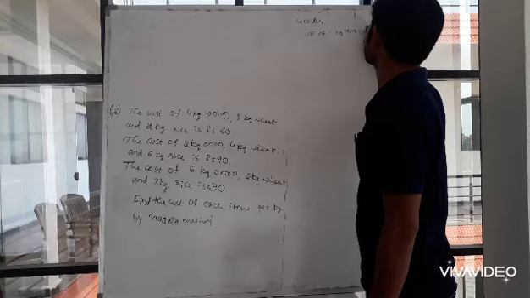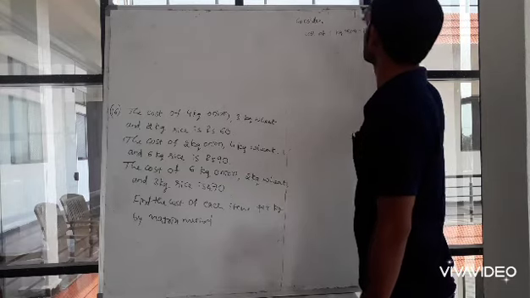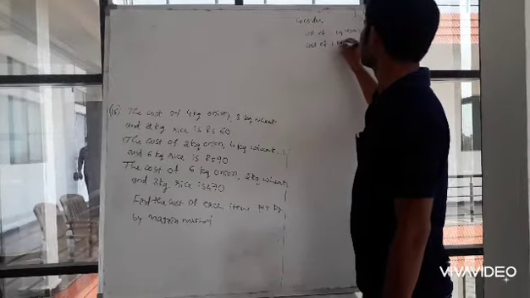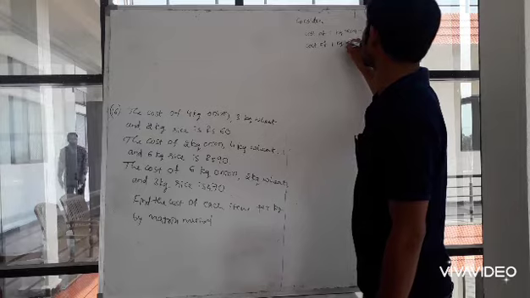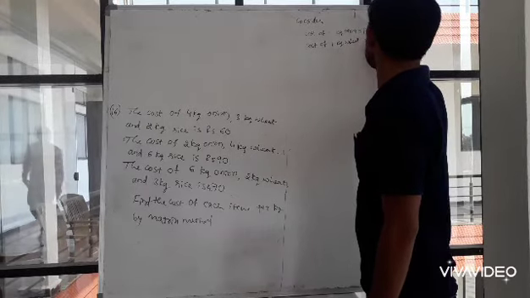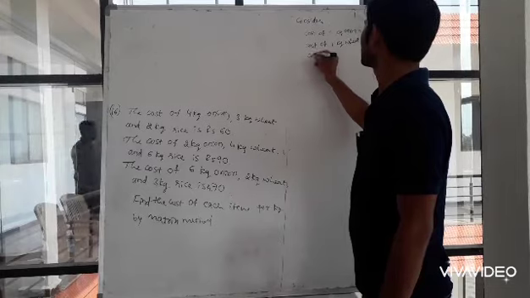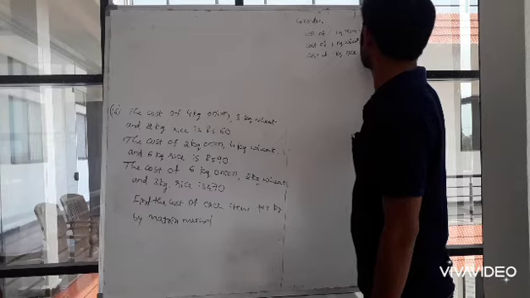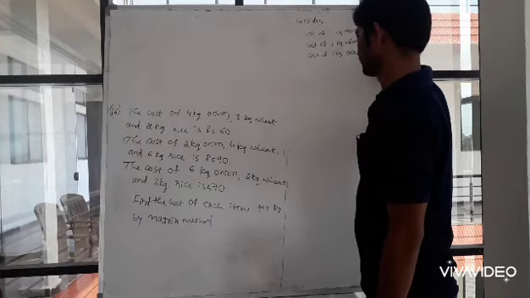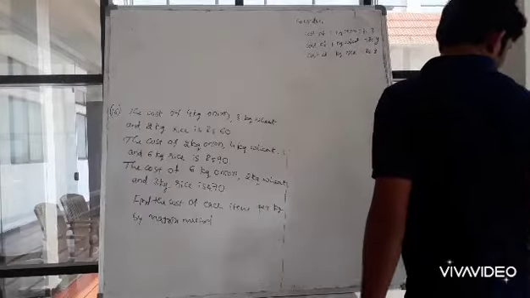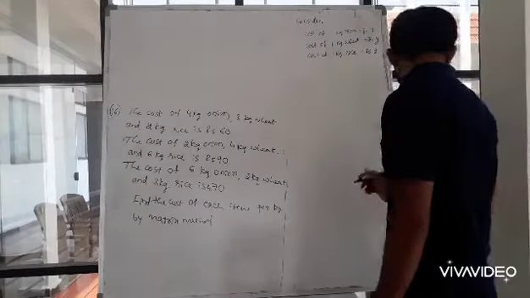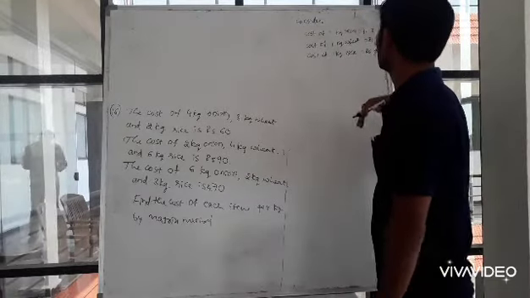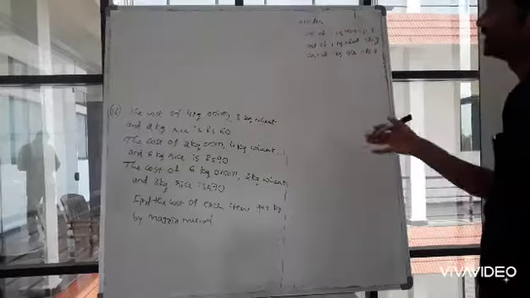Then the cost of 1 kg wheat, rupees y, we will consider. Then the cost of 1 kg rice, z we will consider. So the cost of 1 kg onion, wheat and rice we are considering as x, y and z. We are just considering them as variables.